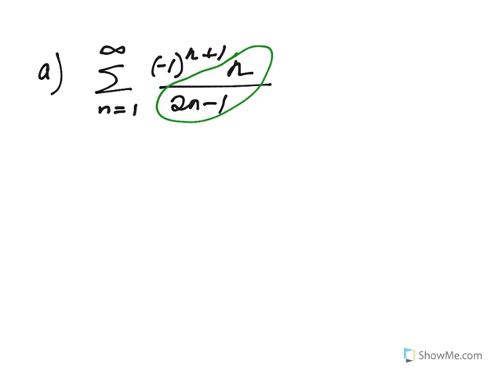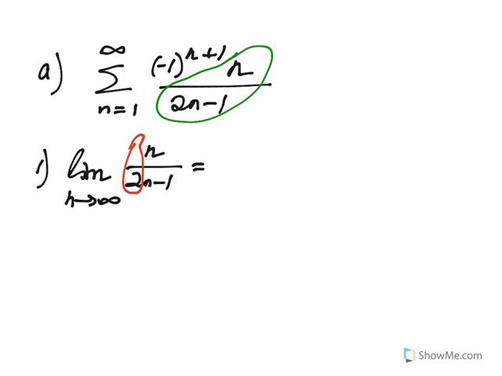Let's check the first condition. Take the limit as n approaches infinity of n over 2n minus 1. Let's see if it's 0. Well, it's not 0. It's 1 over 2. So therefore, you stop there and you say this series diverges.